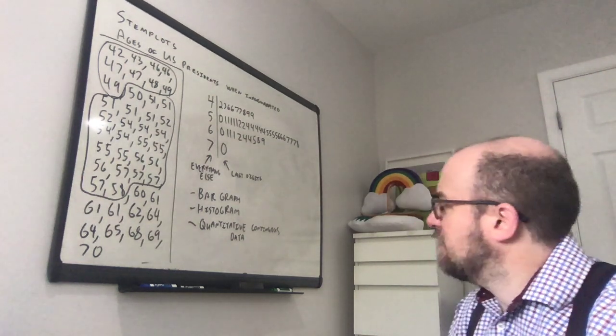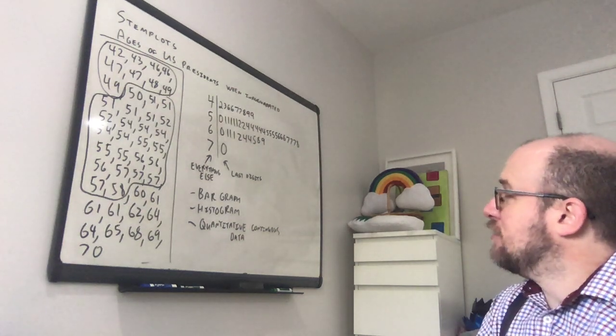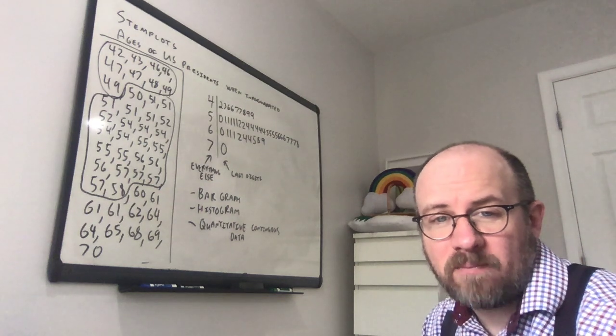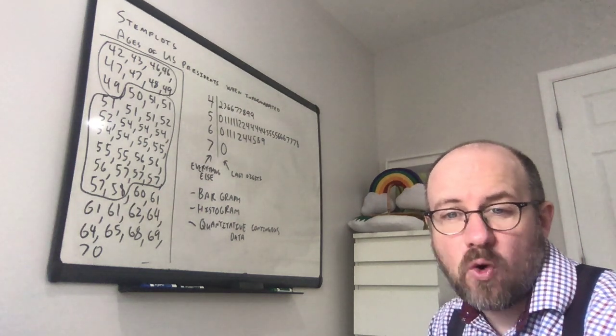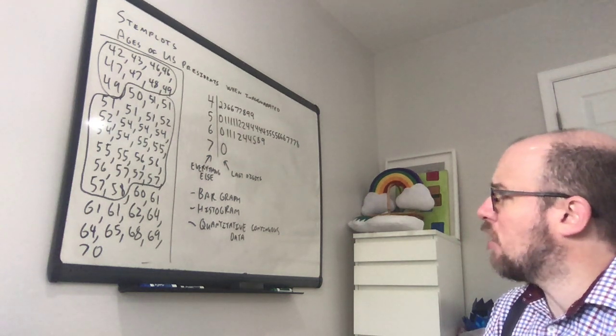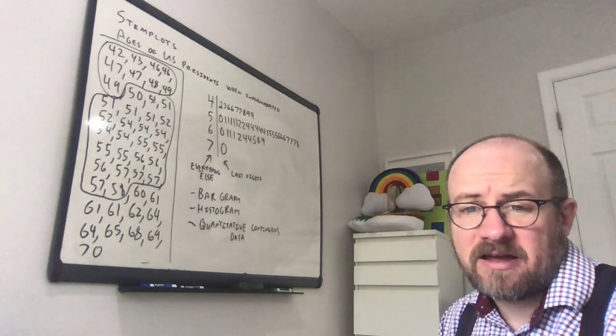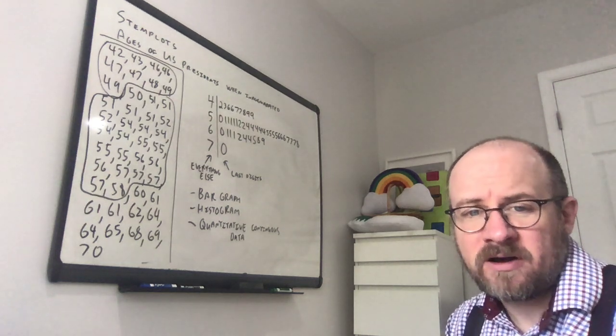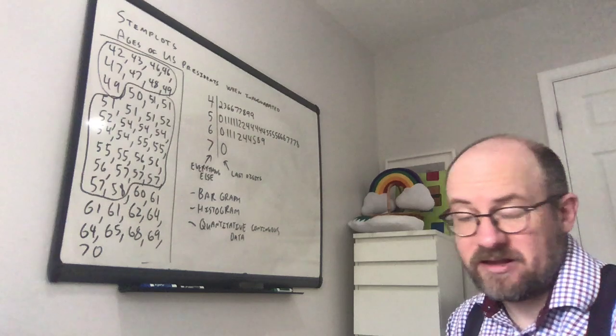Presidents definitely are toward the older end when they're inaugurated, so most of them were 54 or up. You can see all of that just from looking at this stem plot. So that's what they're for. That's how they're used. They're pretty easy to create.